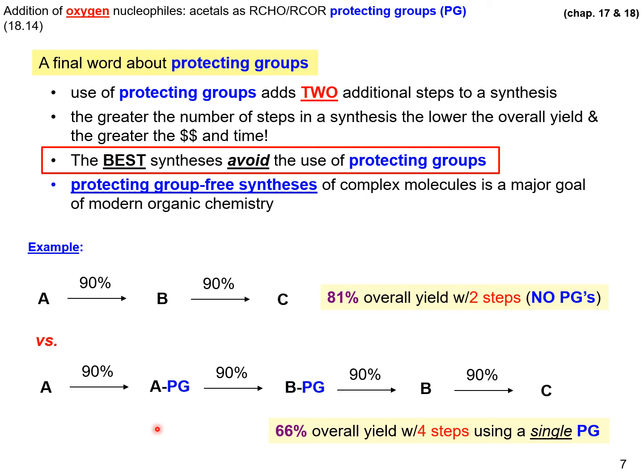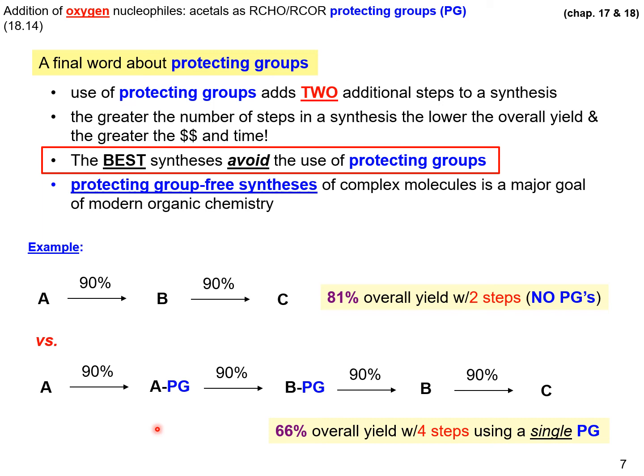So please remember that in your syntheses, if you're given an exam and you have to do a synthesis problem, or you're working on problems from the text or assigned problems that I give you, try to avoid the use of protecting groups. Only when the problem says, use a protecting group, or like in the previous example, where the only way that I could synthesize that compound from the starting material that I happen to have a bottle of on the shelf was by using a protecting group.